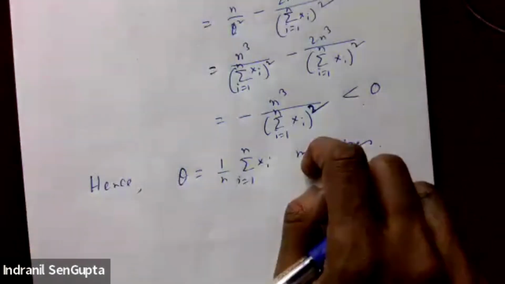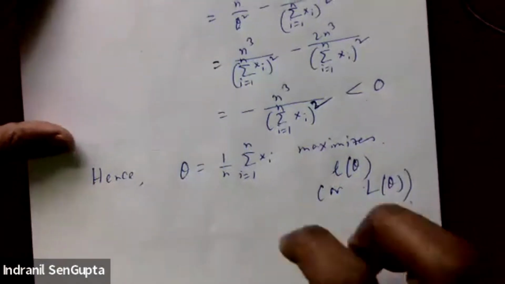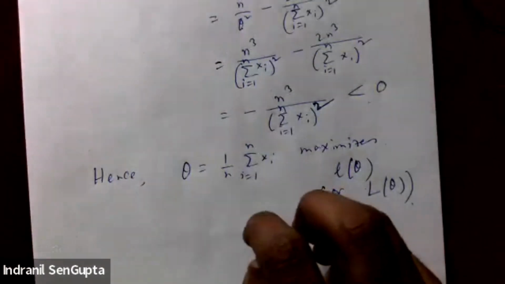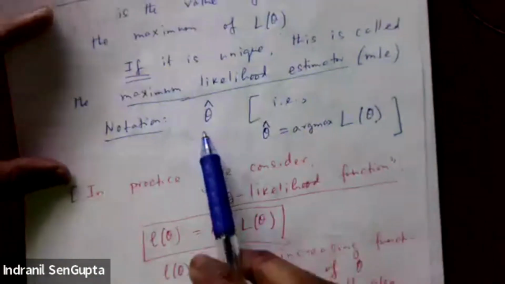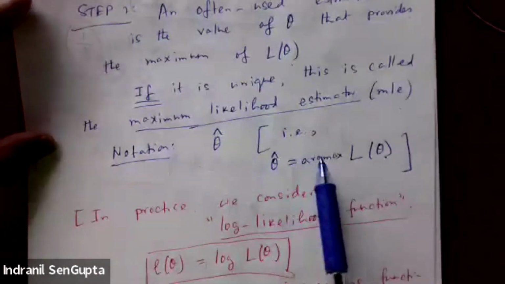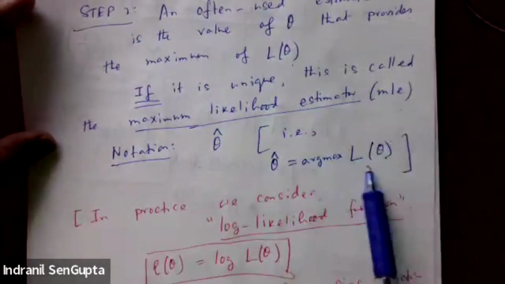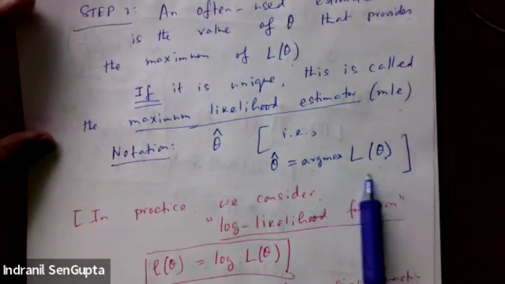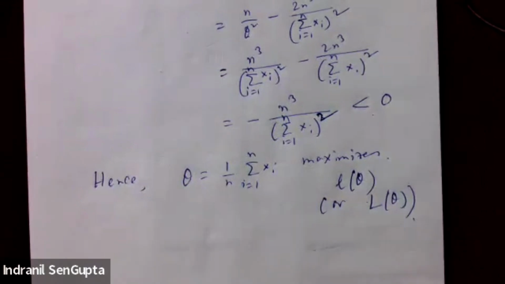That's it. So then the maximum likelihood function, let me now go back to the previous one. We say that this theta hat is maximizing, whatever maximizes this L theta. So this is called the maximum likelihood function.